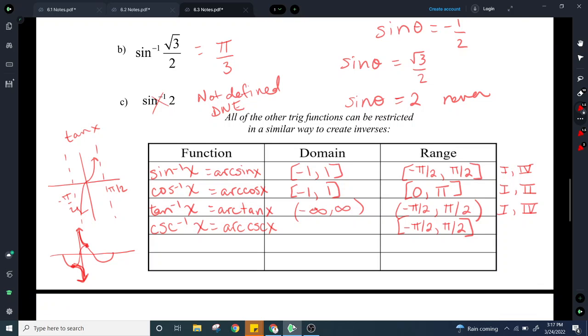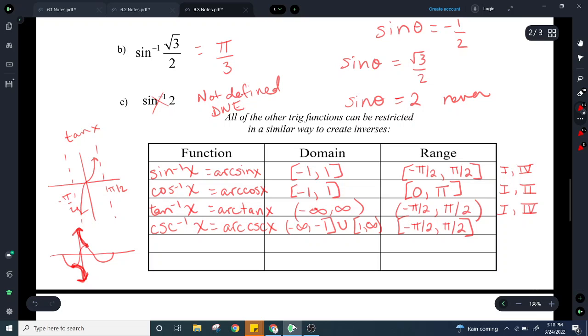Now, the domain, though, is the opposite. Instead of being from -1 to 1, because we want these values down here and these values up here, the domain would be from -infinity to -1, and then on the other side, from 1 to infinity.